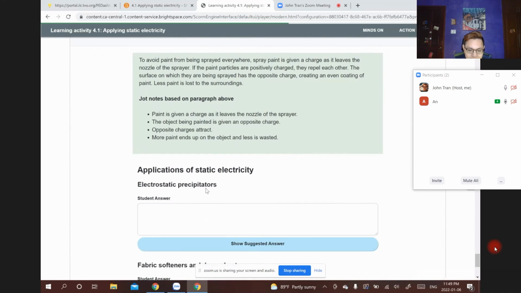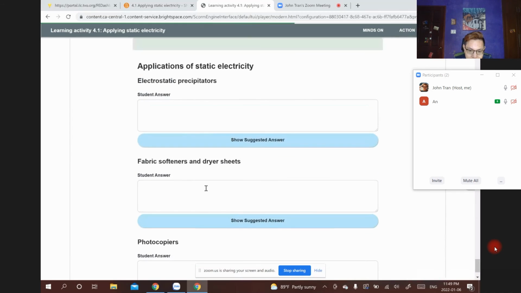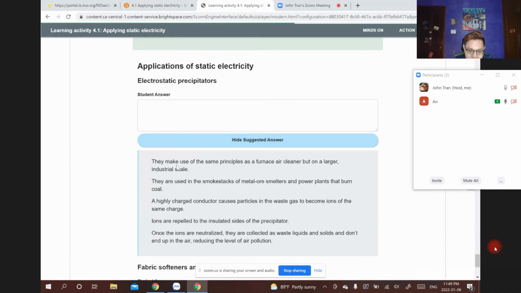Application of static cells. They make use of the same principle as a furnace air cleaner, but on a larger industrial scale. They are used in the smokestacks of metal ore smelters and power plants that burn coal.